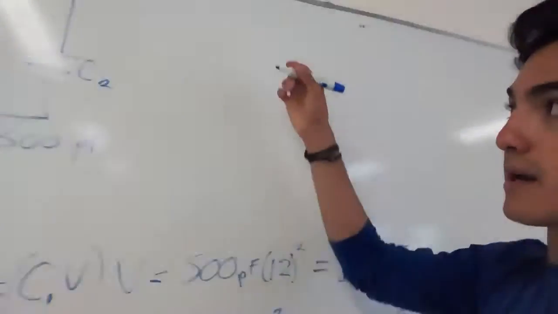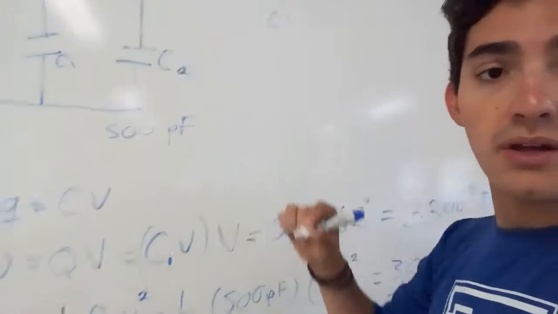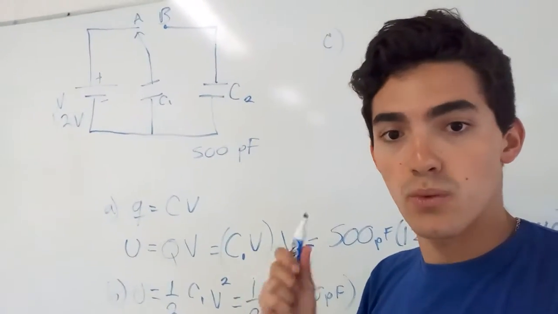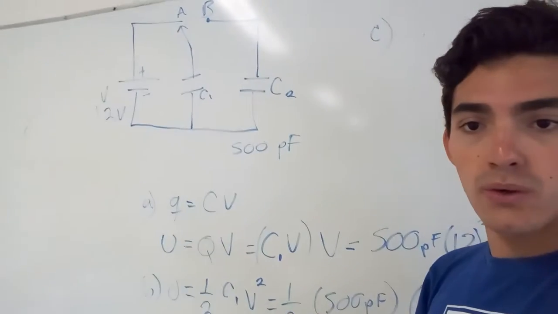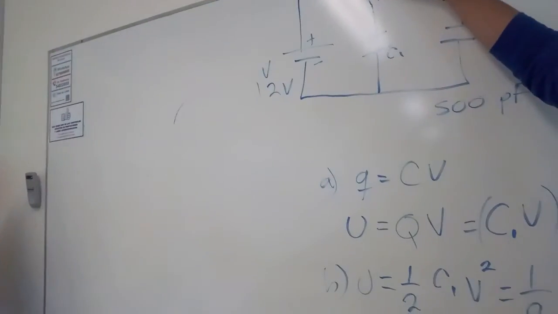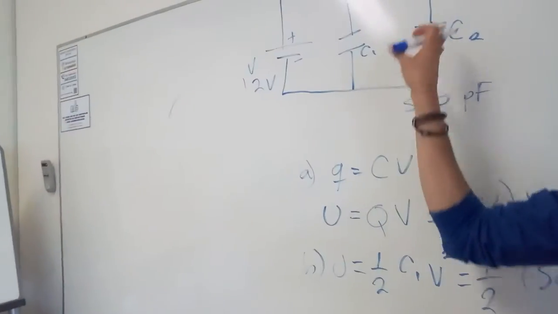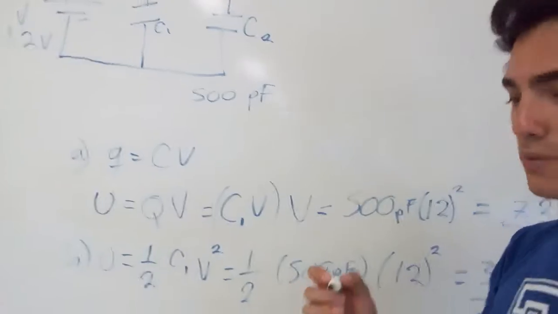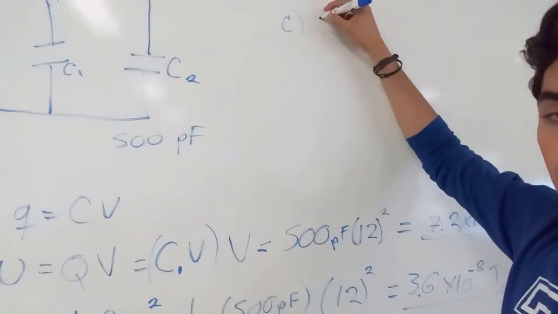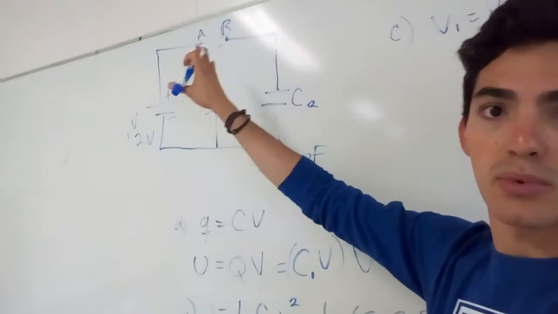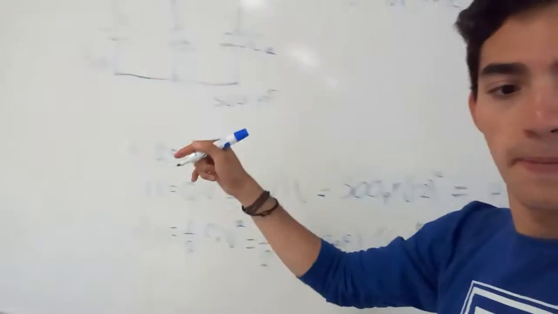Now for letter C, I'm going to solve it here. We are asked to obtain the total energy stored at C1 and C2. So now the switch is here, so now there is an equilibrium in the system. We know that the voltage 1 will be equal to the voltage 2 because it's the same voltage throughout all the system.